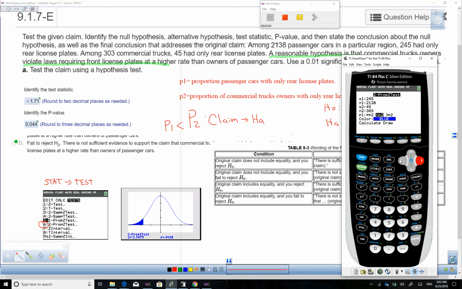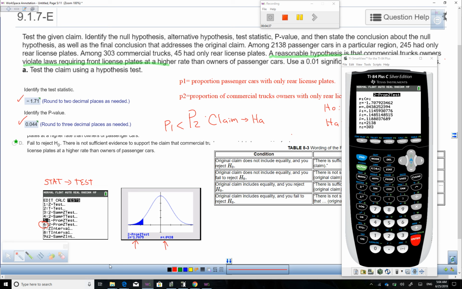If you highlight calculate and press enter, you will get the test statistic, which is right here, and the p-value, which is right here. If you press draw, you're going to get this on your screen, which gives you the test statistic right here and the p-value right here.